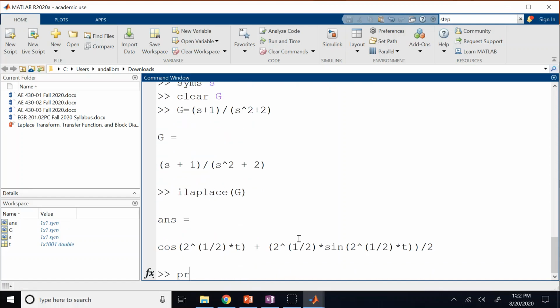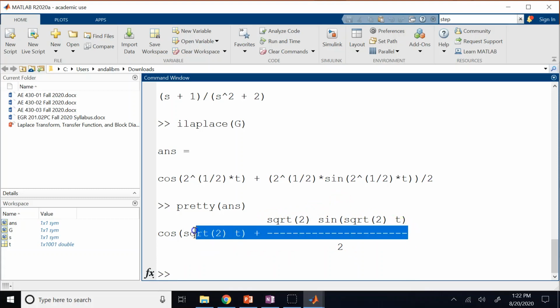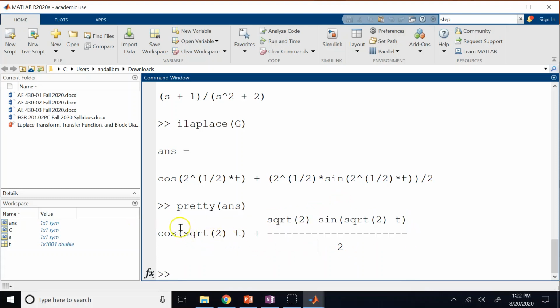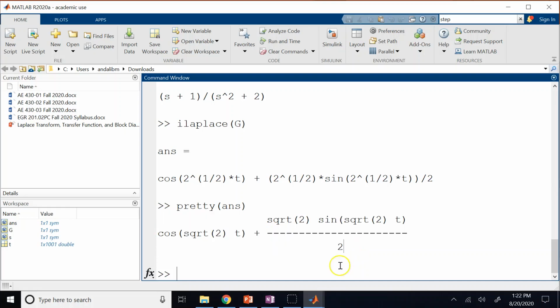And then I can make the answer pretty. So this function here, cosine of square root 2t plus square root 2 over 2 sine of square root 2t, is the impulse response of the system. So if you give the system an impulse input, that is how the system behaves.